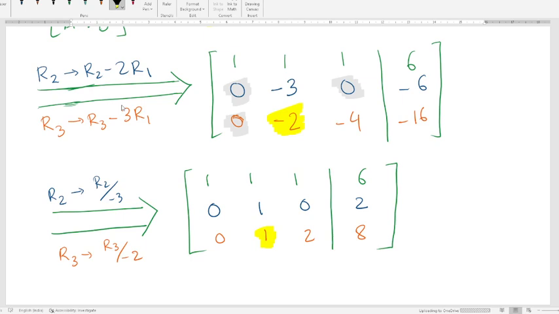The moment we divide by -3, the second row second column element becomes 1, and the second row fourth column element becomes 2. And look at the last row. In the last row, -2, -4, -6, all of these can be divided by -2. The moment we divide by -2, we get 0, 1, 2, and 8. Make sense?